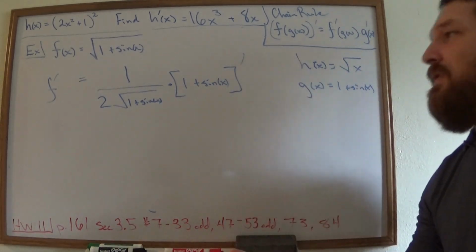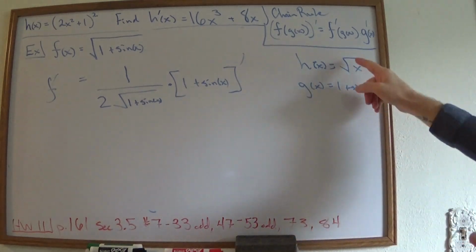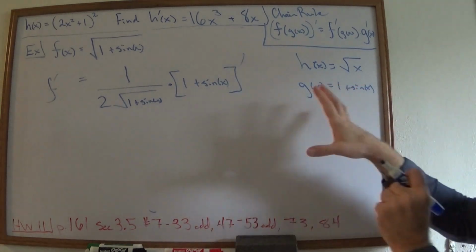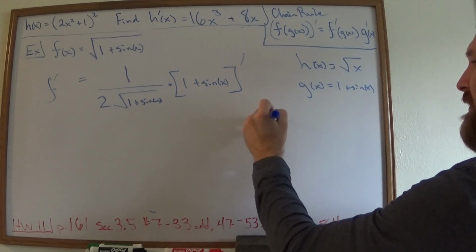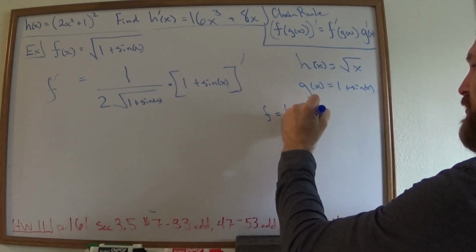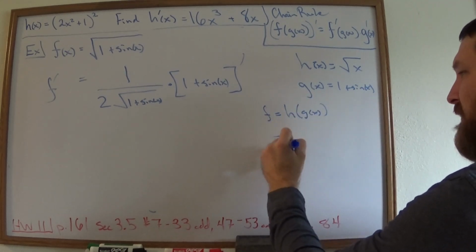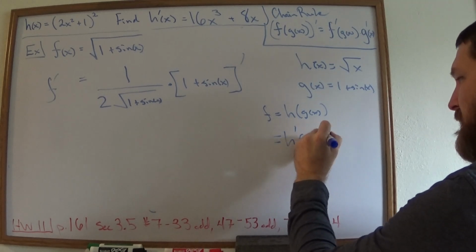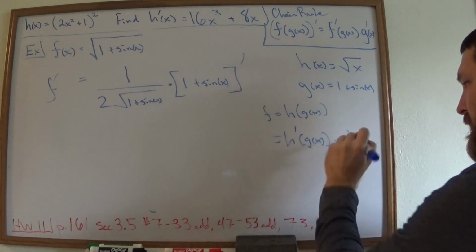One thing I don't want you to do is to do this and then go, okay, so f is h of g of x, and then we have h prime of g of x times g prime of x.